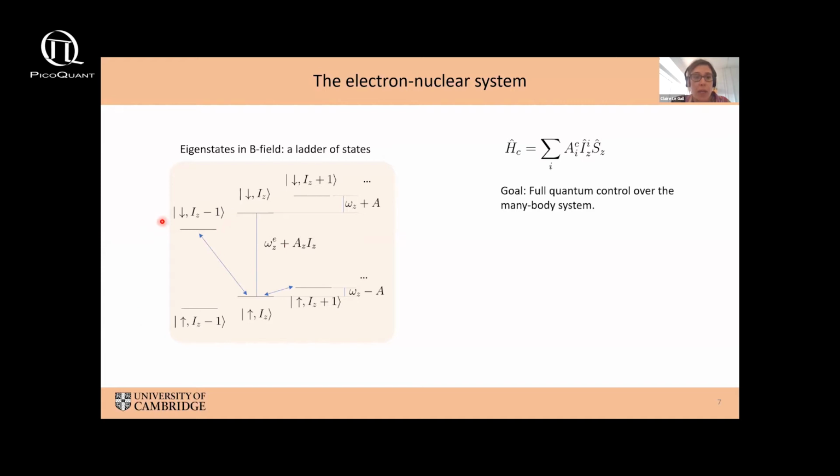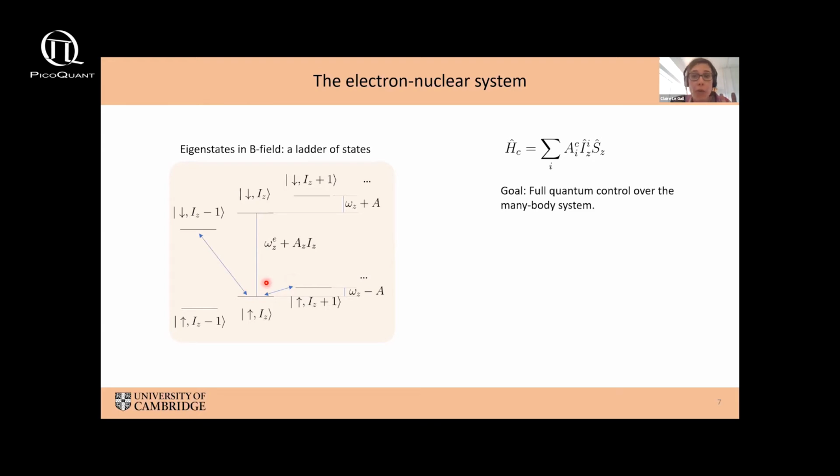So this is what happens in this diagram if you go from bottom up. And from left to right here, I'm changing the nuclear state by a single spin unit. And so the energy scale associated to these spin flips is the nuclear Zeeman energy. So we have two energy scales, the electron and the nuclear Zeeman energy.